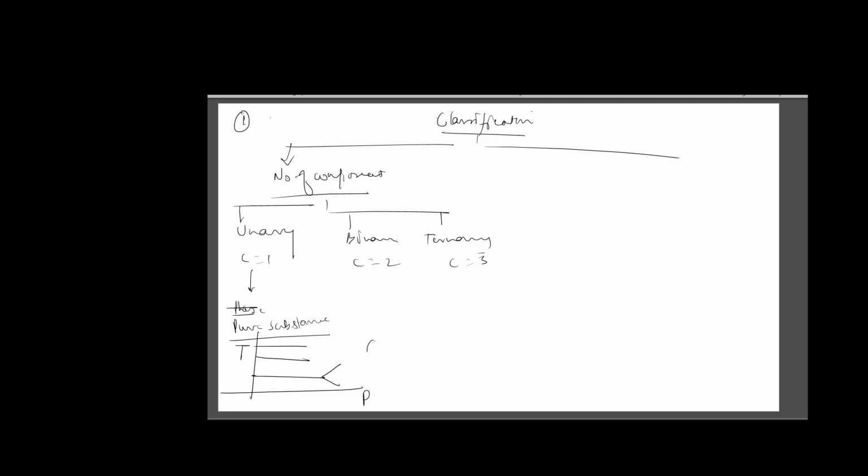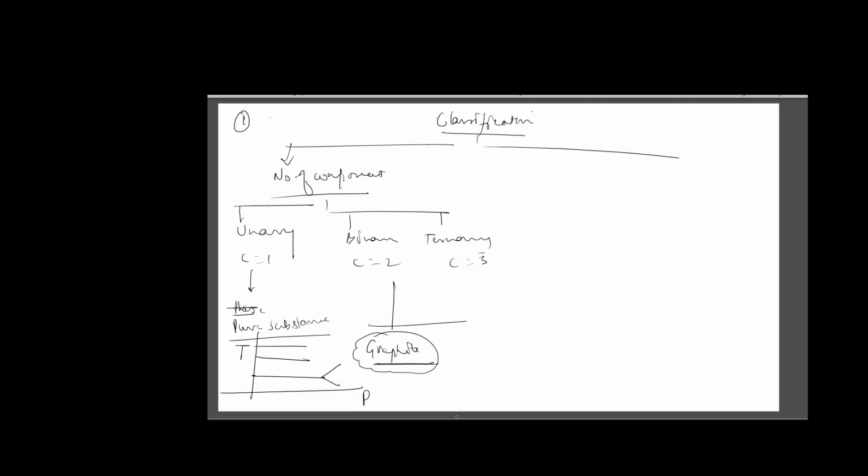This is for graphite, and at 3000 Kelvin at 125 bar it becomes diamond. C equal to 2 means binary phase diagram, and C equal to 3 is ternary phase diagram.